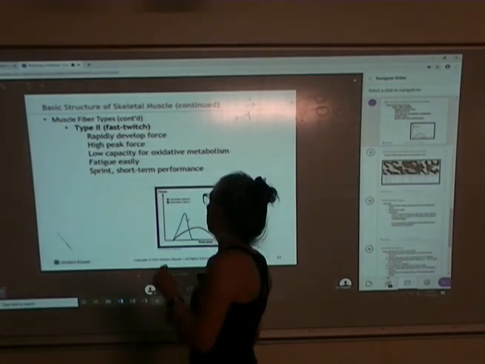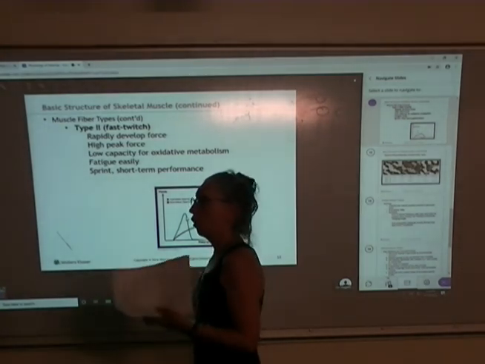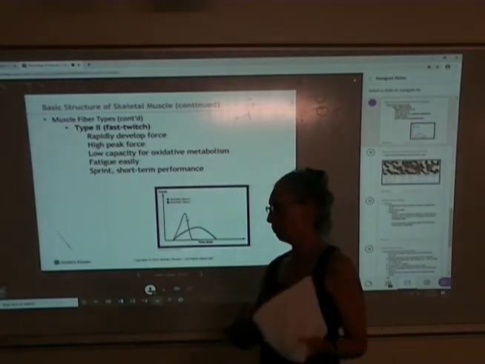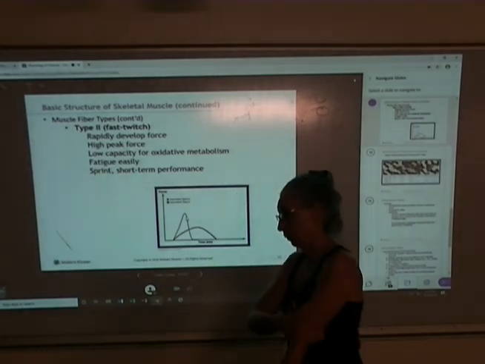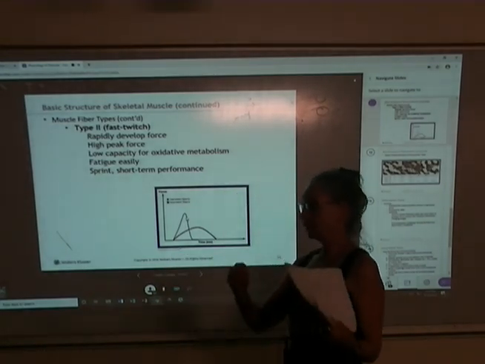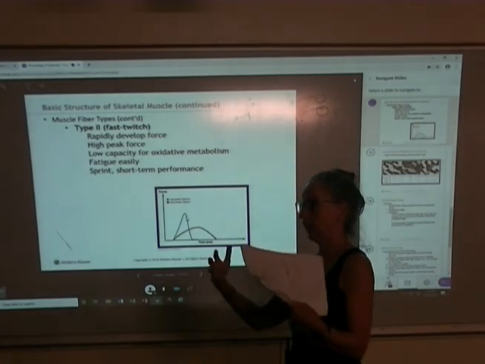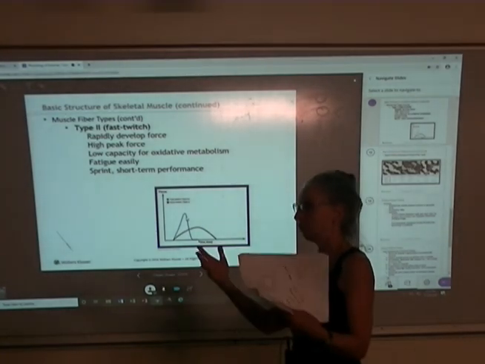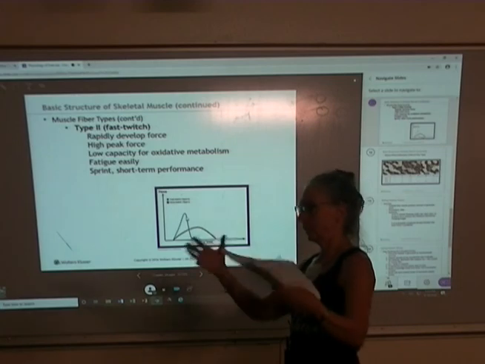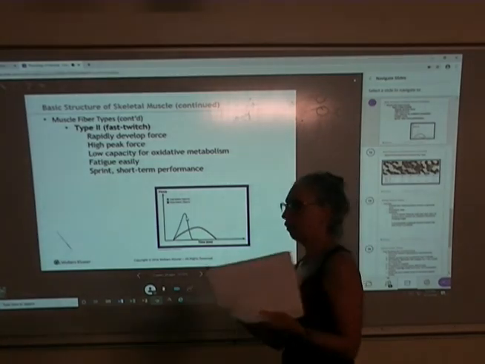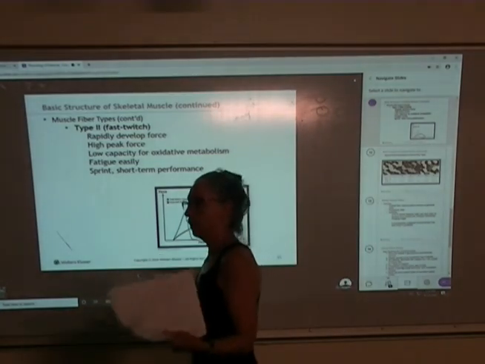They rely much more heavily on glycolysis and ATP-PC systems, okay? That means the byproduct is something that can't stay in the cell and keep making ATP, right?